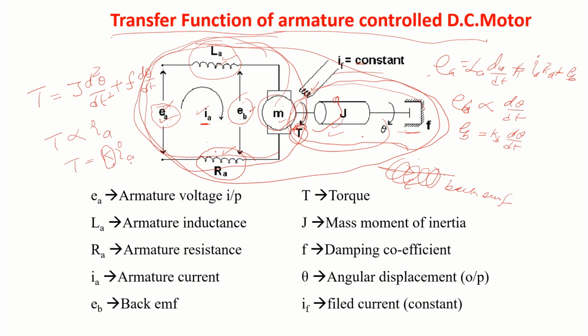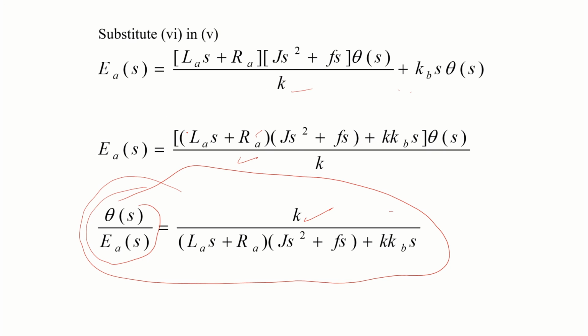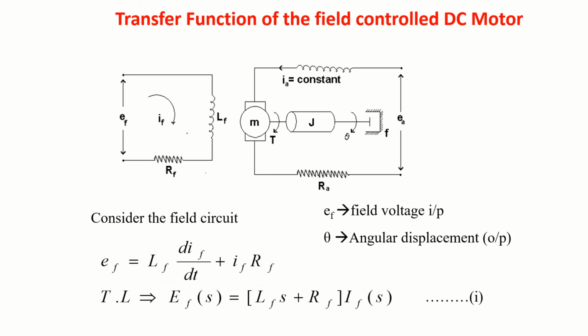Third, write the mechanical equation. Fourth, torque and current are related, write this equation. Then take Laplace, make the substitution and finally get theta of s to E of s. Overall output of the system is theta, overall input is E, get the relationship between theta of s and E of s. So you will get this equation.